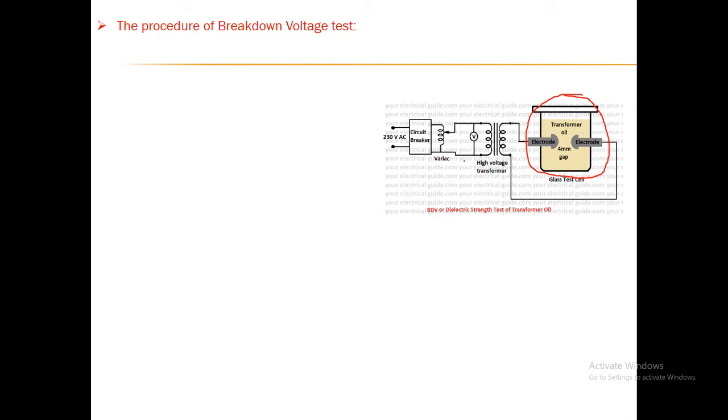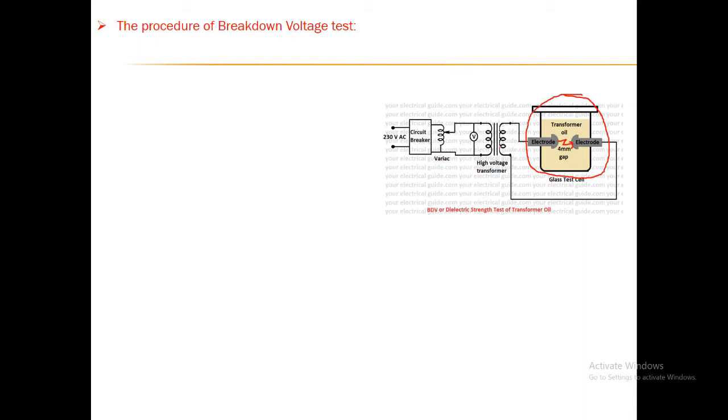Where exactly is the fault created? When you observe the spark across these two electrodes. When the short circuit arises, a huge amount of current flows, so we need to disconnect the source from the high voltage devices to prevent any damaging effects.